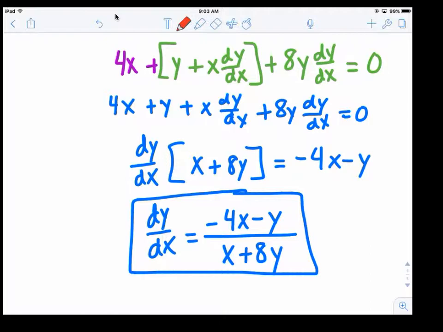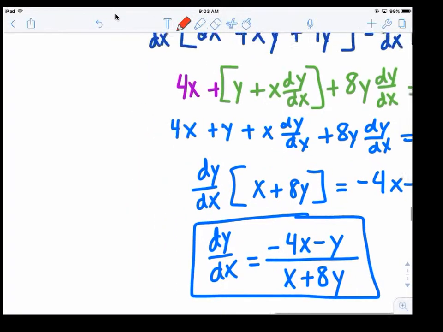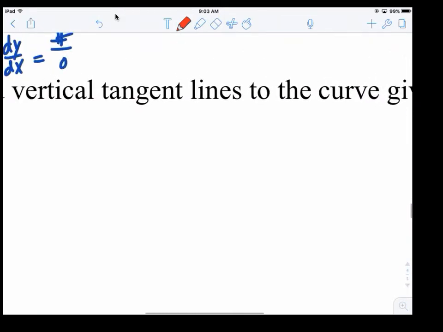Okay, so they're asking for horizontal and vertical, right? So for horizontal, we have to use the top part. Vertical, we're going to use the bottom.